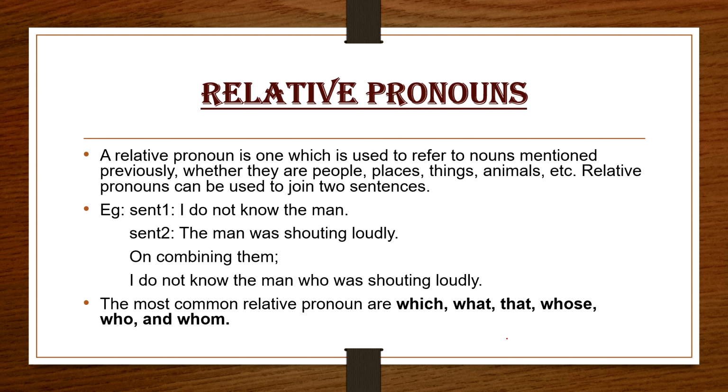Sentence 1, I do not know the man. Sentence 2, the man was shouting loudly. So, on combining them, the sentence that will be formed will be, I do not know the man who was shouting loudly. So, basically the word who is used instead of the noun man in the second sentence.